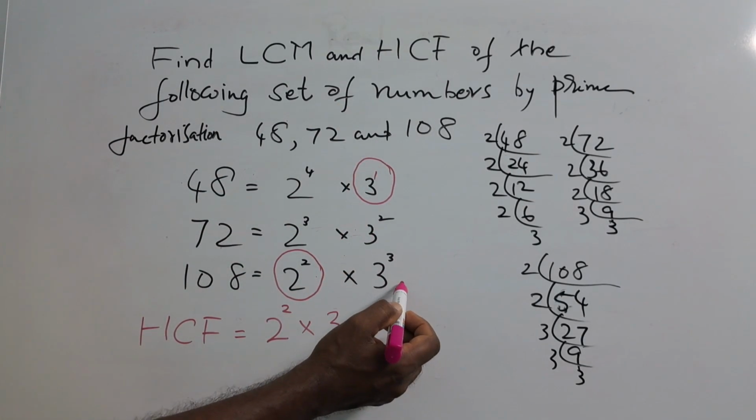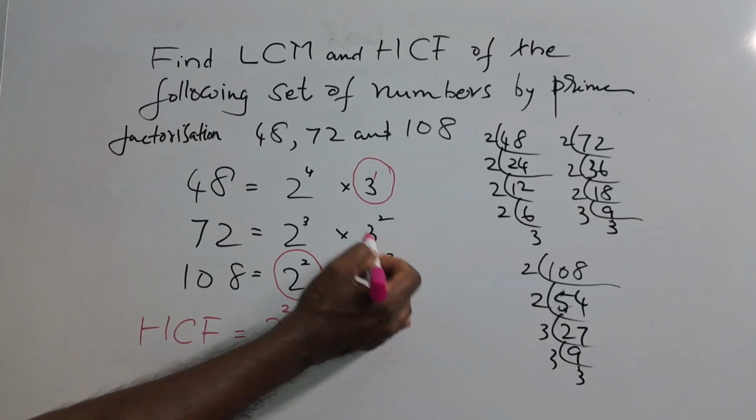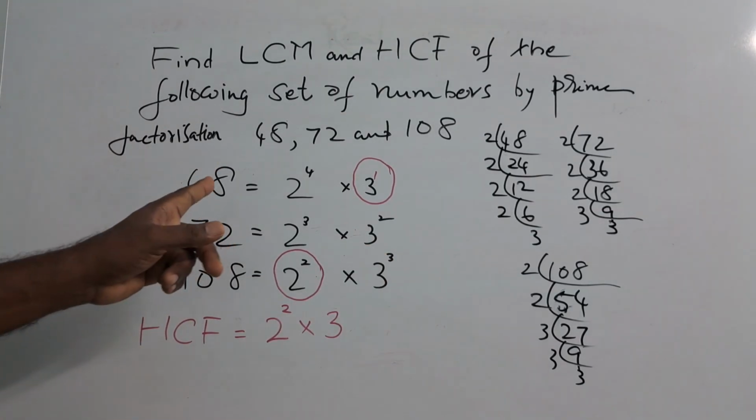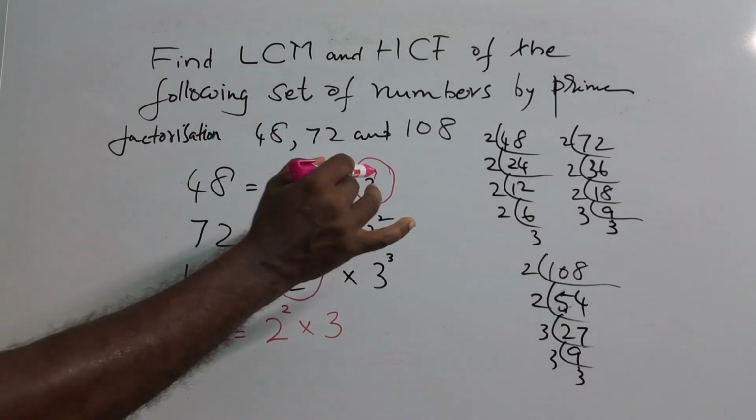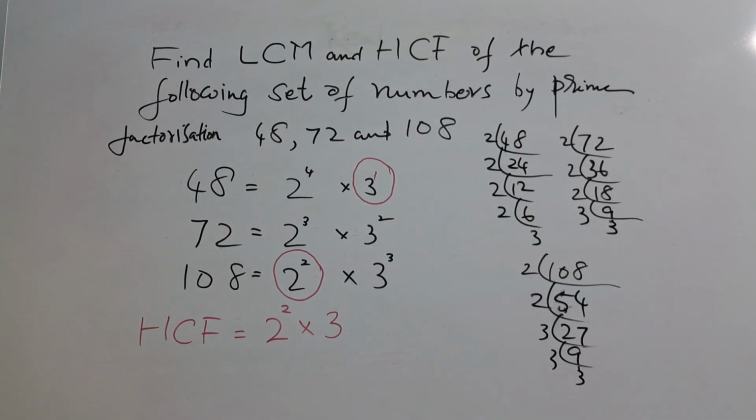We have 3 square in the third number, and the second number also has 3 square, but in the first number 48, we have only one 3, not two 3s.